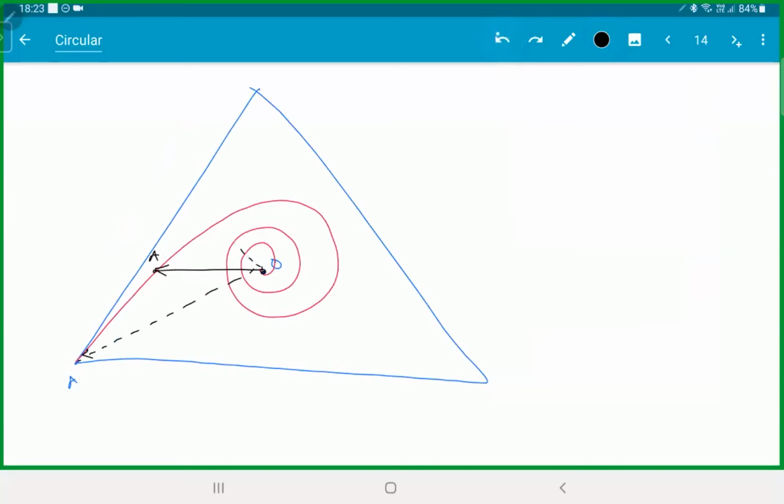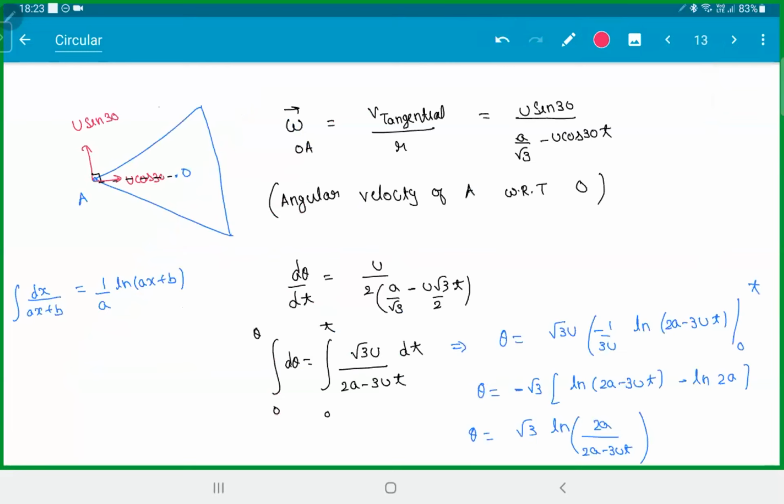This is the angle we are finding. This is theta as a function of time t, the angle rotated by A as a function of time t. That is the theta which we are talking about. This is the path of A. The same thing I can say about B and C also. They'll do symmetrical things. Please check it out.